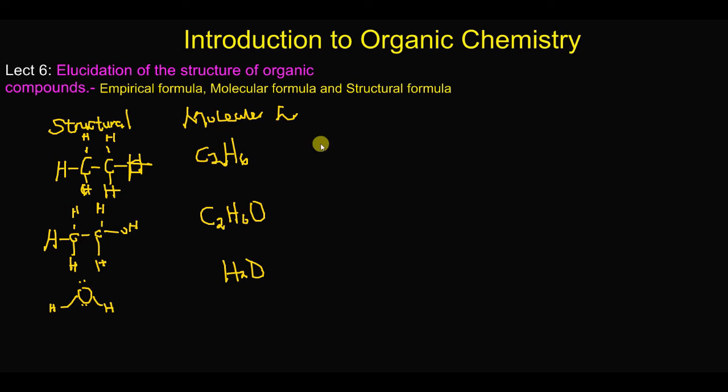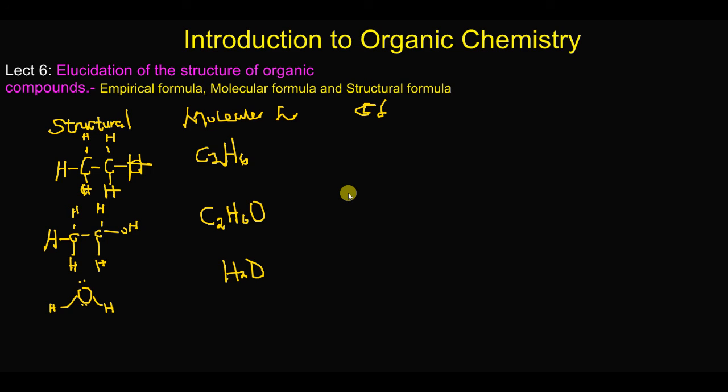Now, we have already given the empirical formula, so there's no need of giving it again. So these are the 3 formulas that we have. Next time when you see a structural formula, you should know that it tells you how each atom is arranged around each other within a particular compound.